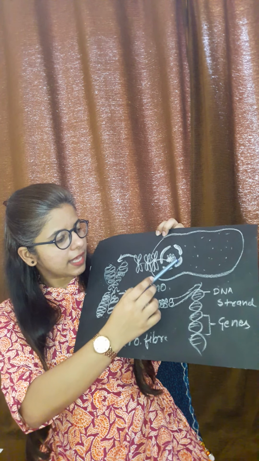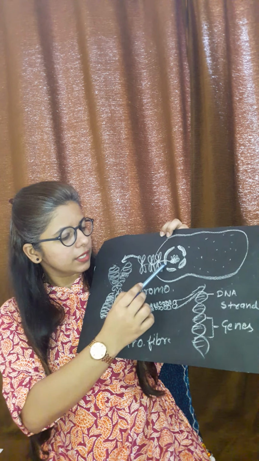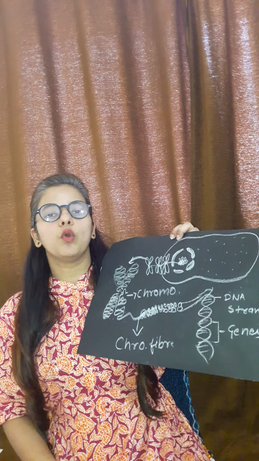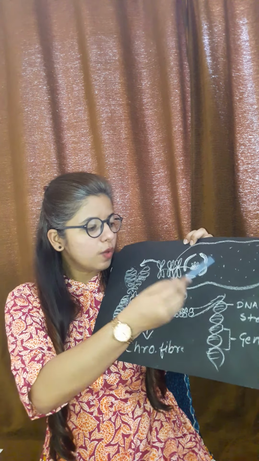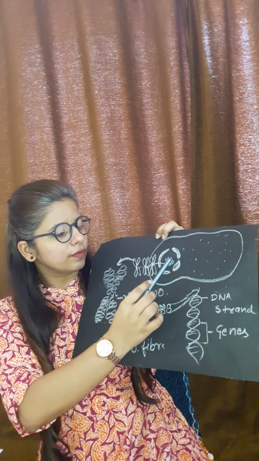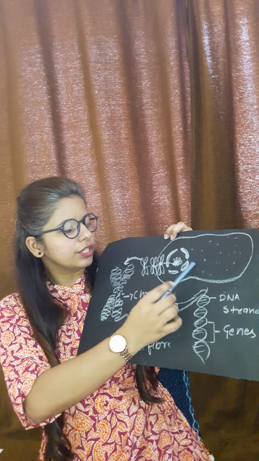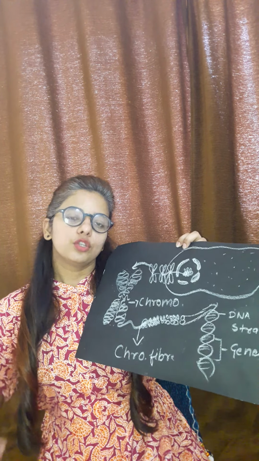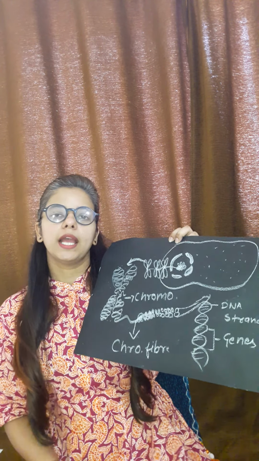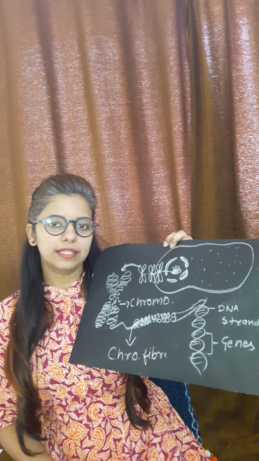Porous in the sense that it has holes, it has pores. With the help of these pores, the nucleus is able to exchange materials between the internal environment of the cell and the inside and outside of the nucleus. So as the nucleus is porous, due to the presence of pores, it can easily perform the exchange of material.